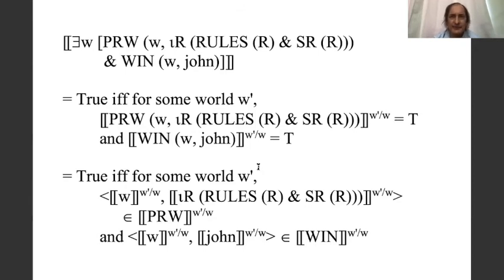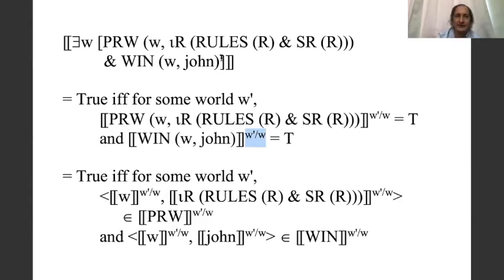I'll go through the interpretation in a little bit more detail here for the deontic one. For the others, I'll leave it to you to go through in detail in the chapter in the book. So here we have an existential quantifier over worlds W. What that does is introduces, for some worlds, W prime, and it tells us to interpret with respect to rules that tells to assign to W the world W prime here and here.